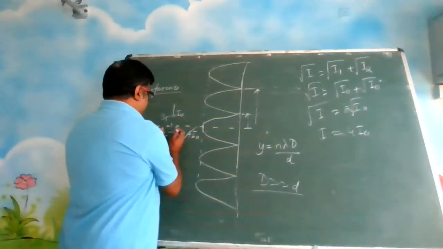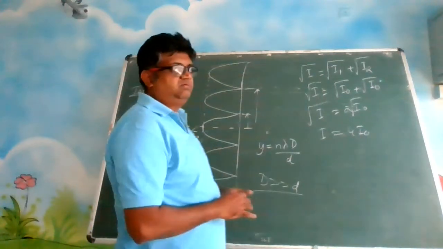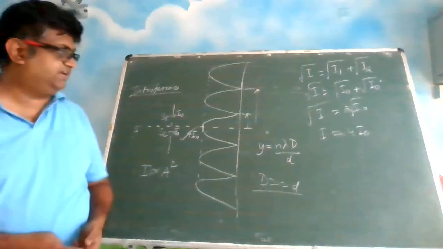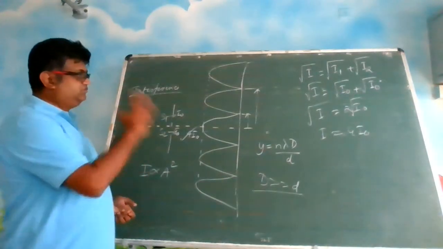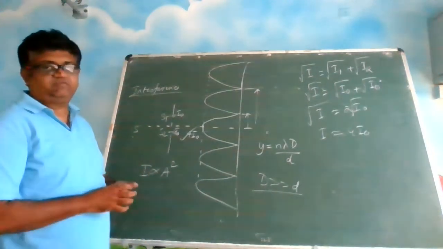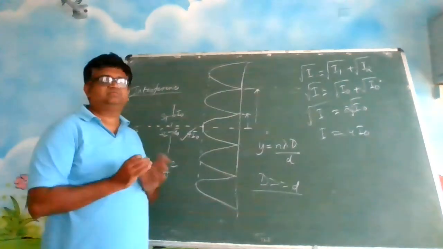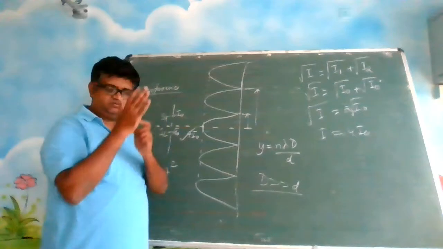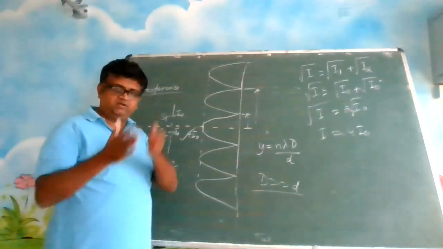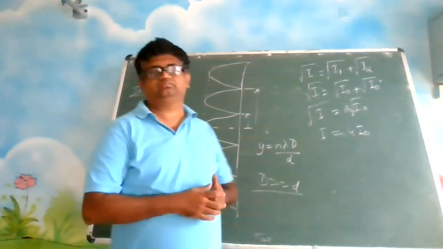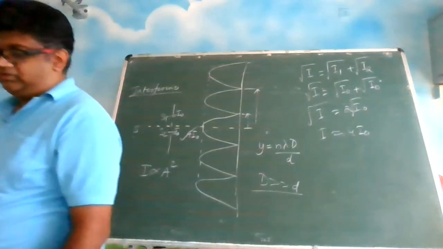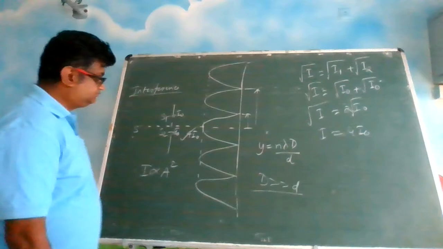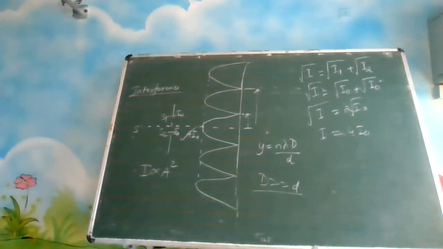It is not simply putting the screen anywhere we wish. How do we know the interference pattern has formed? We see fringes: dark, bright, dark, bright. Alternate fringes you will see. That is interference, and all are of the same intensity as I have shown in the diagram. Okay, note it.